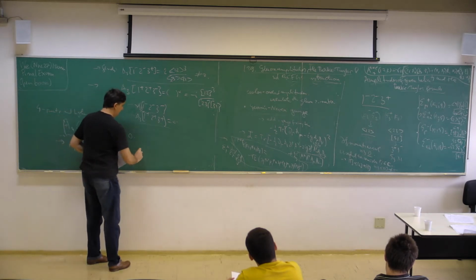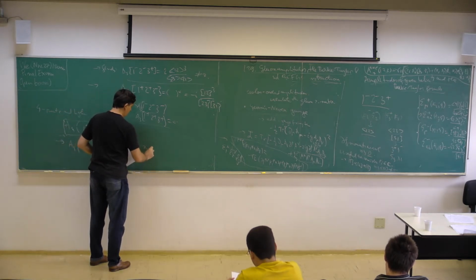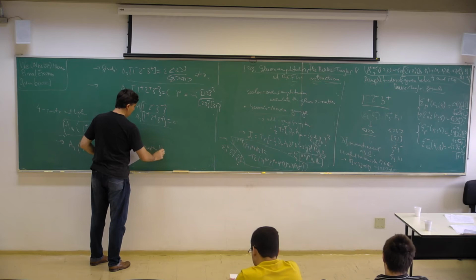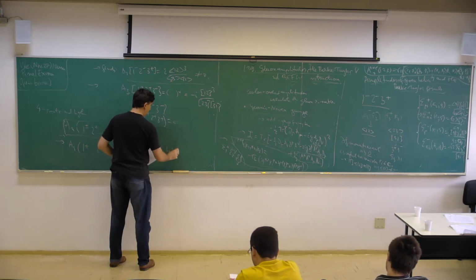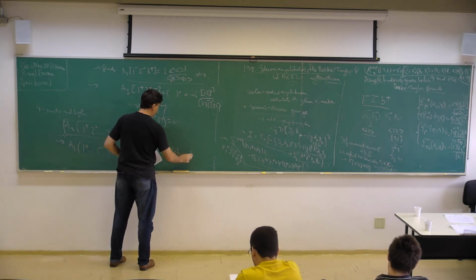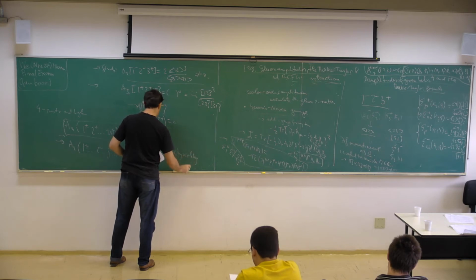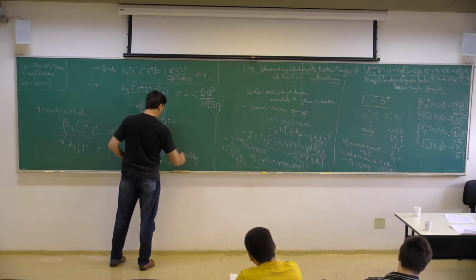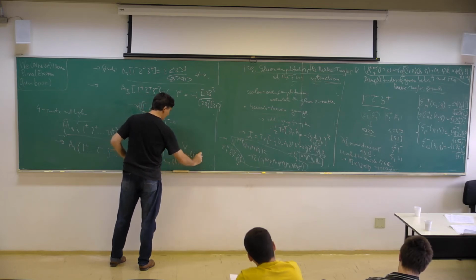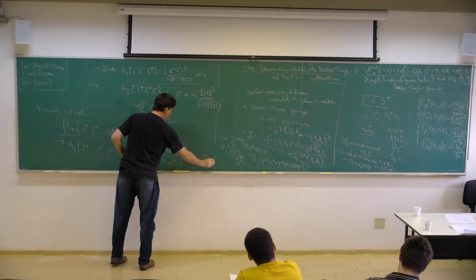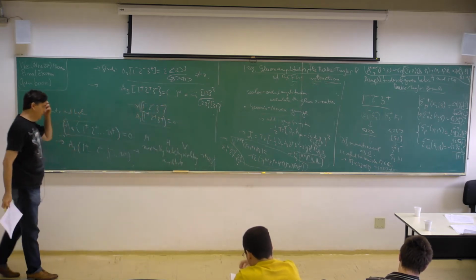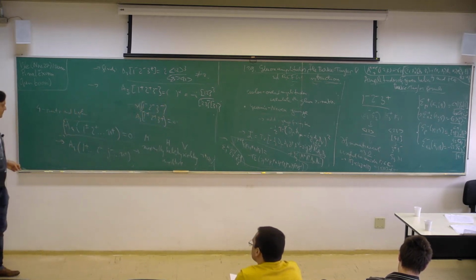And then this is called maximally helicity violating amplitude. The initials here are MHV, so usually one calls this an MHV amplitude.